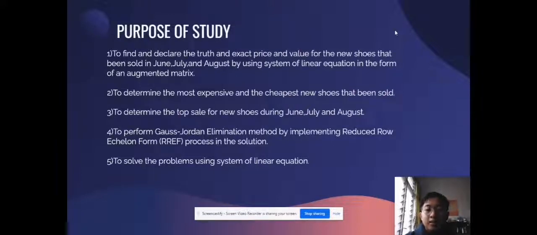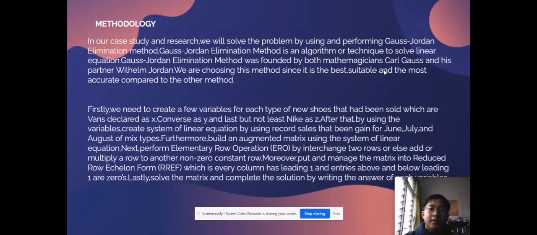Third, to determine the top sale for the new shoes during June, July, and August. Next, to perform the Gauss-Jordan elimination method by implementing the reduced row echelon form or RREF process in the solution. And lastly, to solve the problems using a system of linear equations.